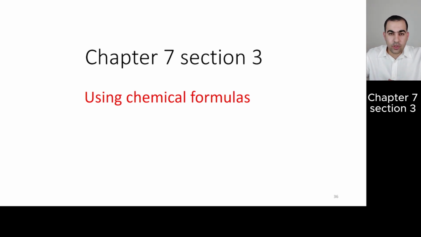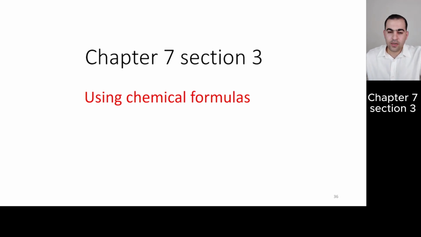And in section 2, we learned about oxidation numbers. Oxidation numbers are very important in chemistry as well, because they tell us how electrons are distributed in molecular compounds and polyatomic ions.